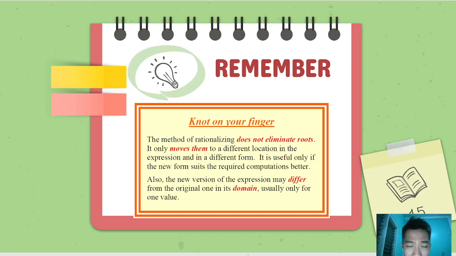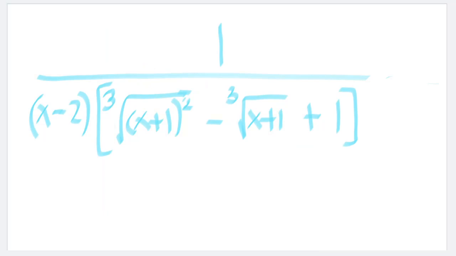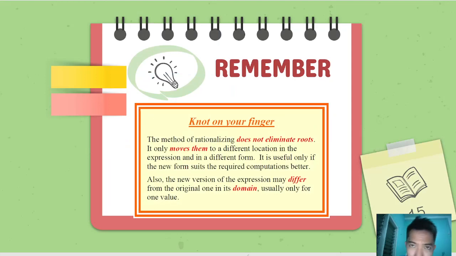It will not eliminate the radical function in its entirety. Although we may have eliminated or simplified the numerator, the denominator became complicated. It only moves them to a different location in the expression and in a different form. So the radical function in the numerator moved down to the denominator. It is useful only if the new form suits the required computations better.